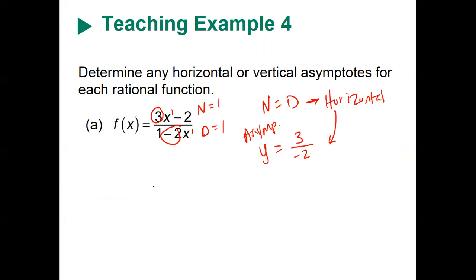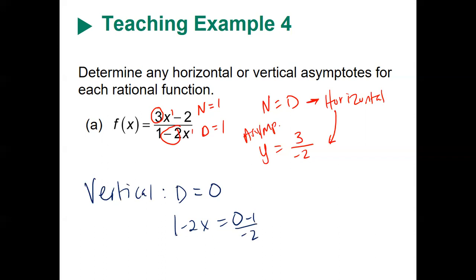All right, and then last, your vertical. To find the vertical, it's all based on your denominator, by taking your denominator and setting it equal to 0. So we have 1 minus 2x equals 0. I'm going to subtract 1 and divide by -2. So what does that equal? 1/2.